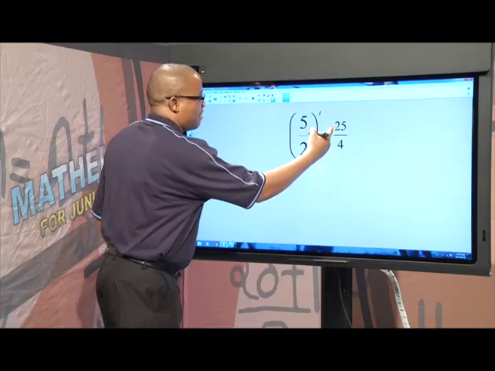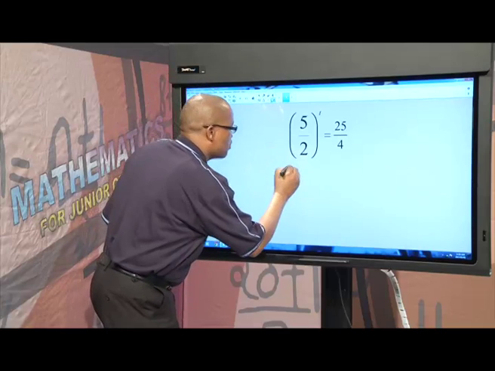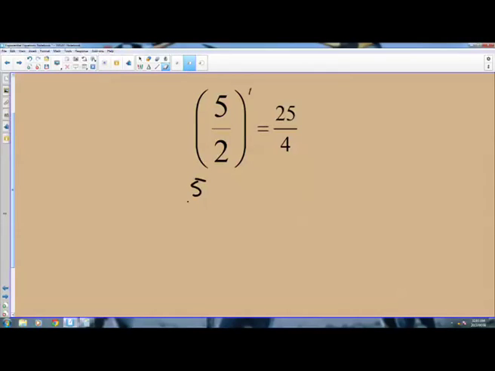Write 25 over 4 using base 5 over 2. So this will be 5 divided by 2 all raised to the power t. It's equal to, we are to write 25 using base 5. So this will be 5 to the power 2 divided by, write 4 using base 2.